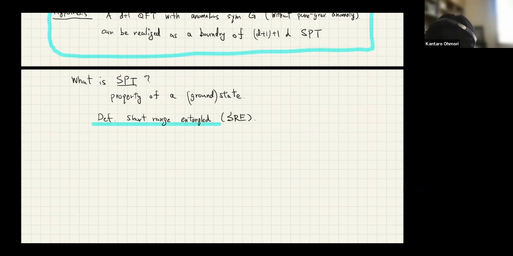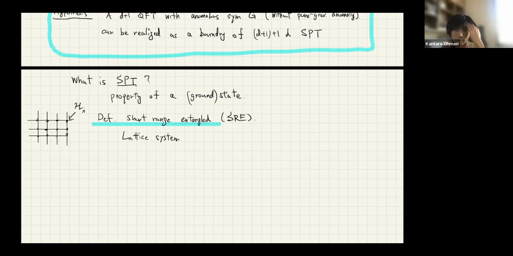Okay, so here I'm working on a lattice system. So we have some lattice, and at each site we have a local Hilbert space H_i, some space of spins, say.